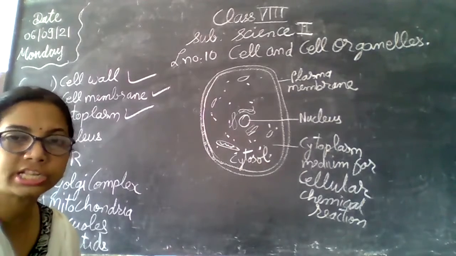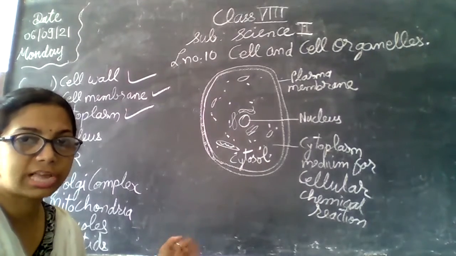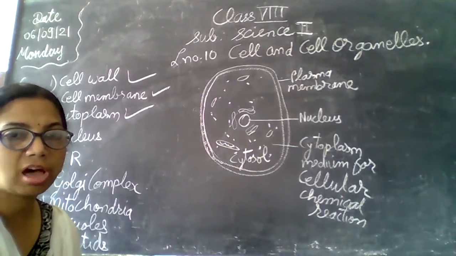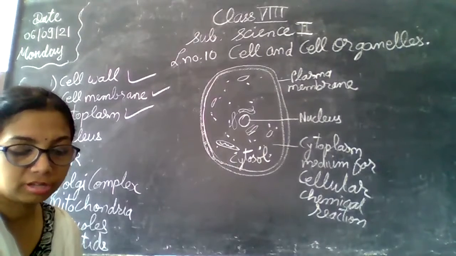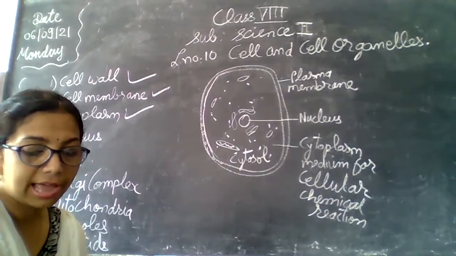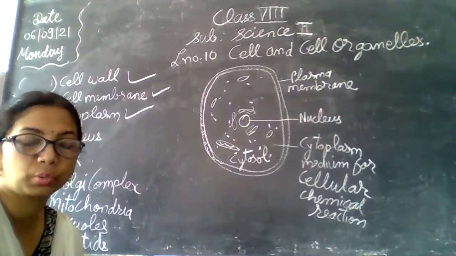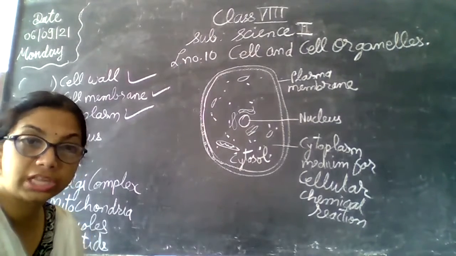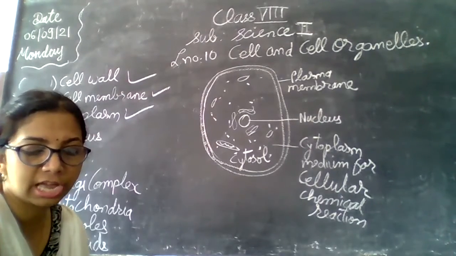Now, cell organelles, other than the cell membrane, inside the cell are suspended in the cytoplasm. An organelle is a specialized subunit having a specific function within the cell. They are the organs of the cell.